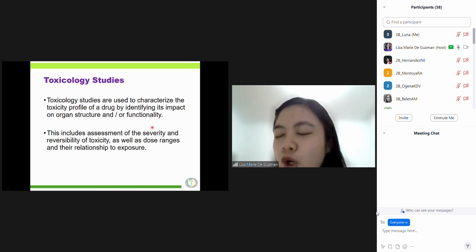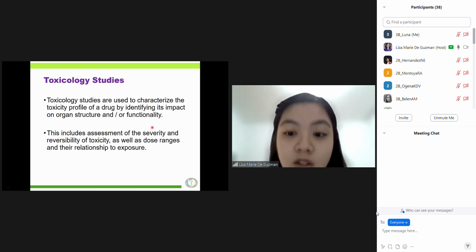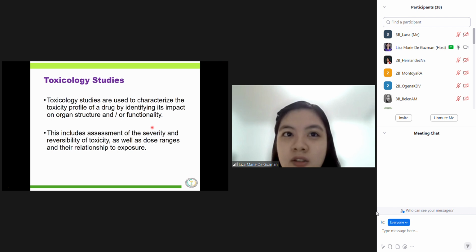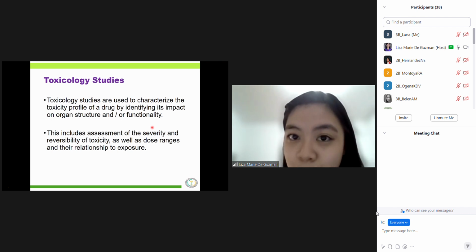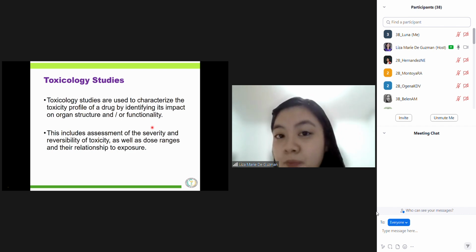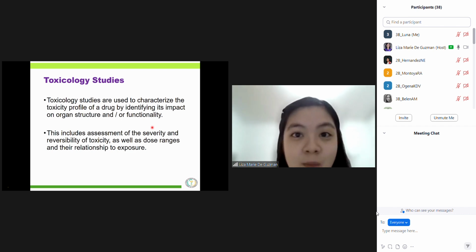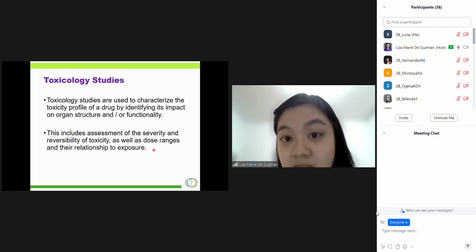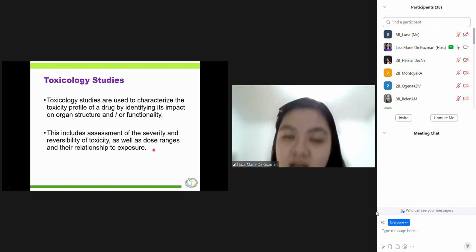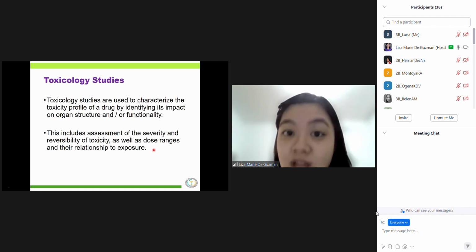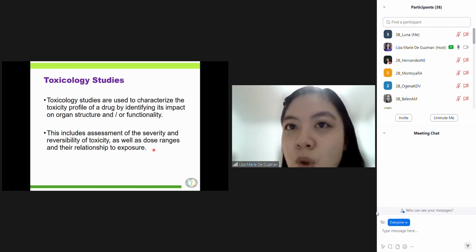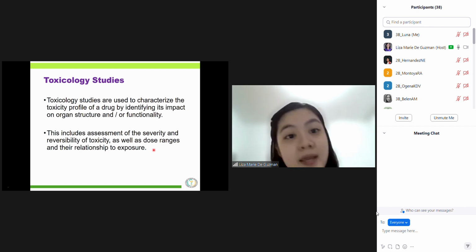Another would be the dosing range. Will the drug elicit a toxic effect up to a 1,000 milligram dose, 500, 2,000 milligram per kilogram? So we are also going to determine the dose range at which the drug substance will produce a toxic effect. Then we will also determine what the mechanism would be.